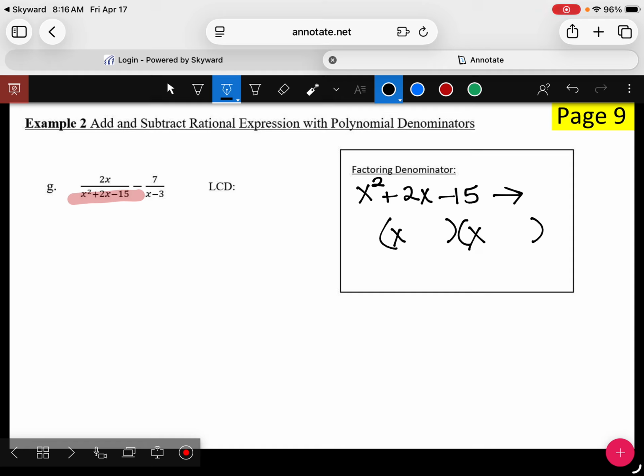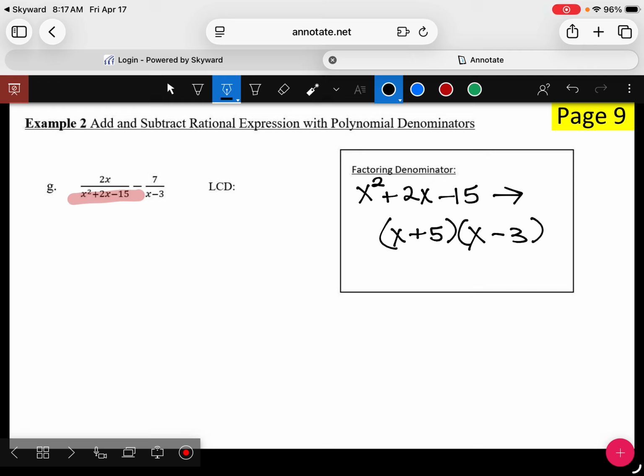Two numbers that multiply to negative 15 and add to positive 2. So my numbers will be a positive 5 and a negative 3.